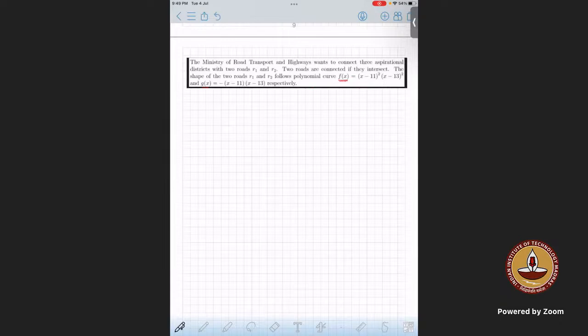Just a hint, you have to find the intersection point.